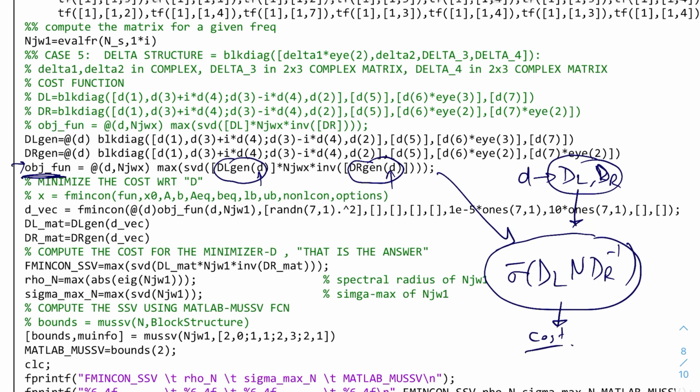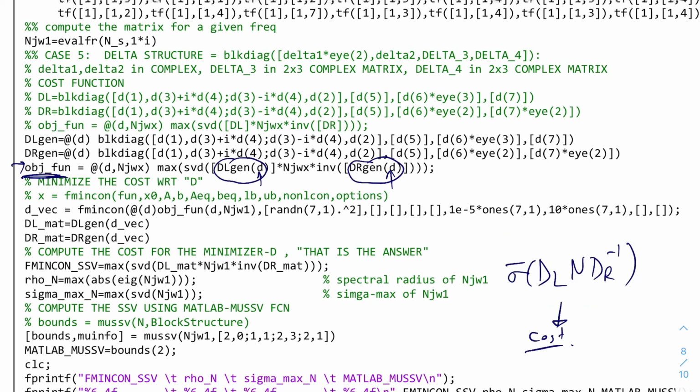Now we have the objective function, the cost function, and since we have 7 D's to tune, this is the cost, and this starts from a random positive point in R7, right?